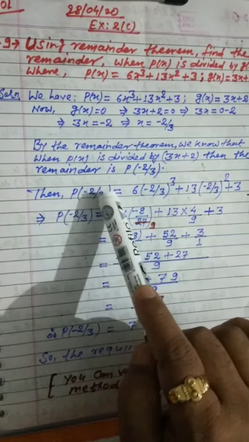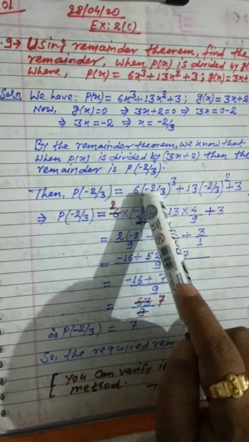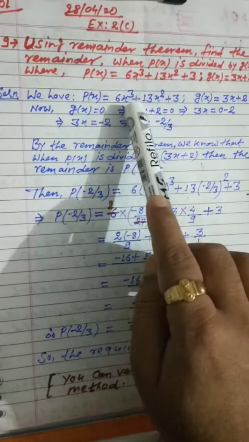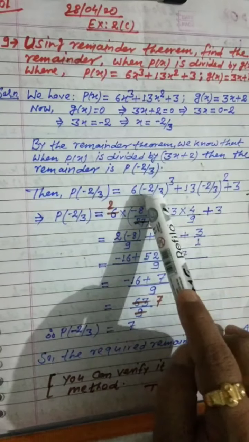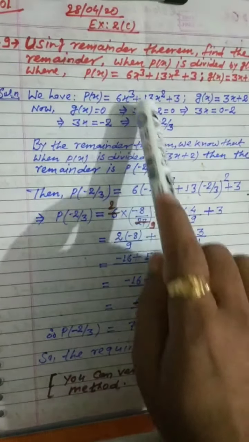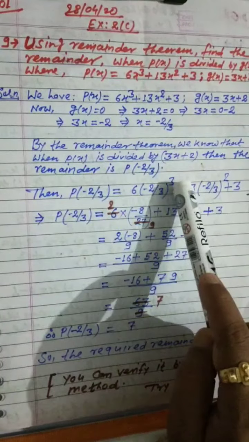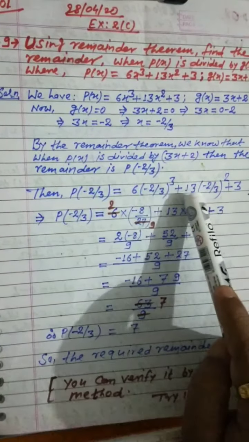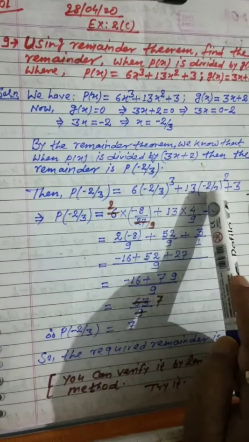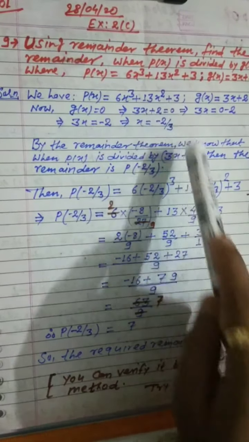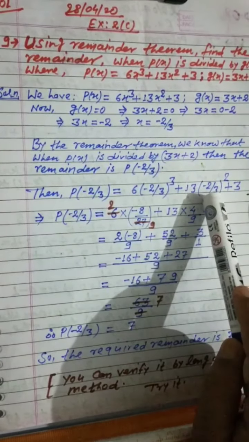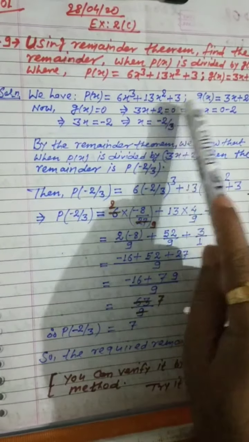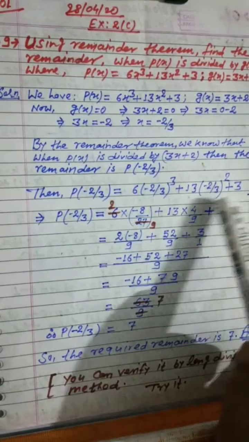So p(minus 2 by 3) will be equal to 6, and x cube is there, so we replace x by minus 2 by 3 and write the cube, minus 2 by 3 whole cube, plus 13 into x square is there, so we write minus 2 by 3 the whole square, plus 3 is there, so we write plus 3.